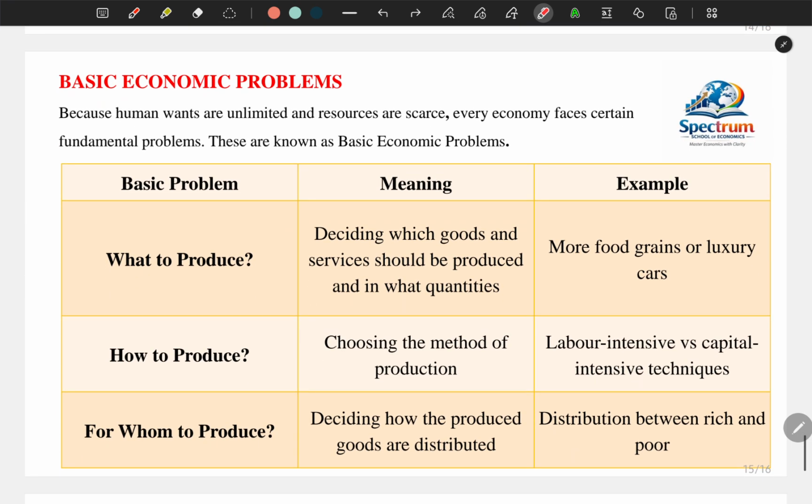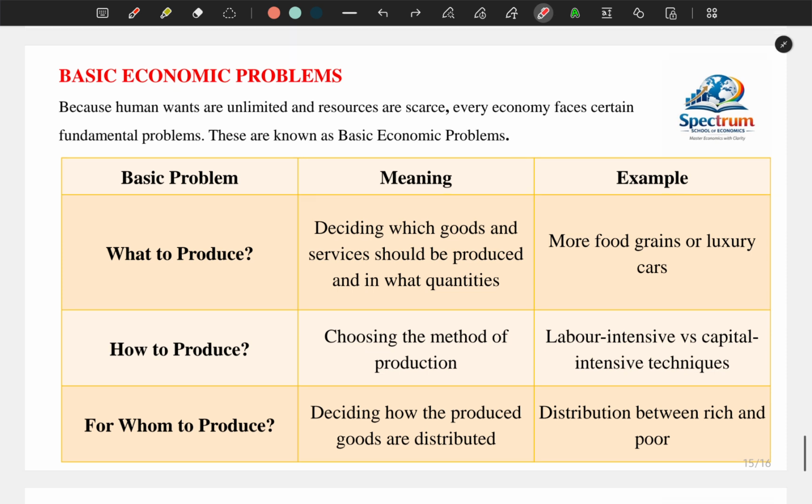When it comes to economic problems, we have three major types: what to produce, how to produce, and for whom to produce. What to produce means whether to produce more food grains or luxury goods, food grains or cars. How to produce means labor intensive or capital intensive technology, which technology we have to use.